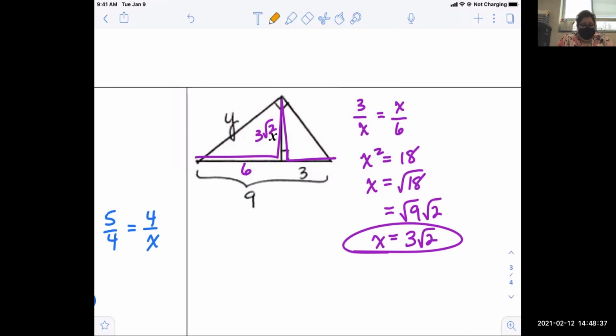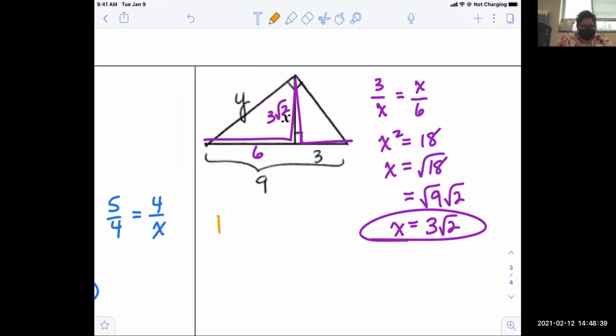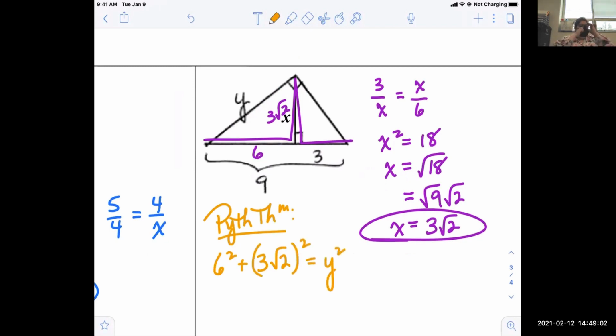If you want to do the Pythagorean theorem, that's perfectly fine. So it would go 6 squared plus what? 3 root 2 squared. Yeah, your hypotenuse is y.